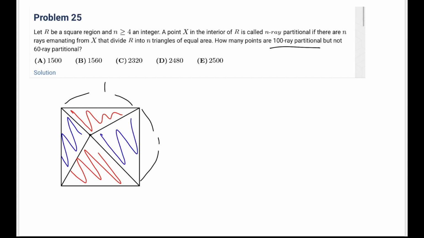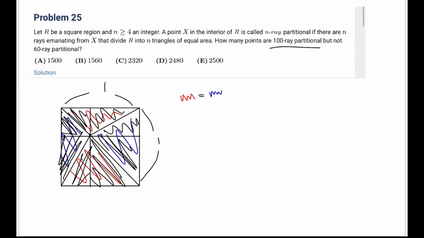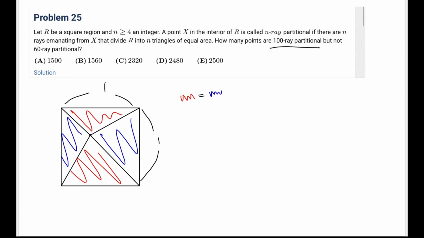If you're asking why, let's divide this up into more areas. This blue area is the same as this red area, and so on for each pair. That means the ratio of blue to red is 1 to 1 each time, and so the red ratio is equal to the blue ratio.